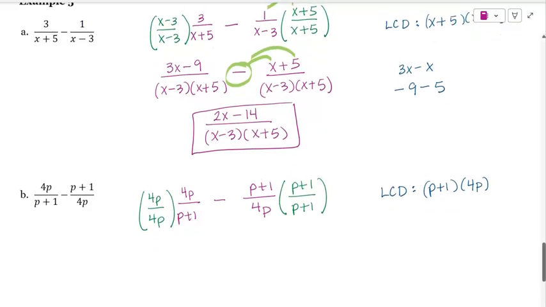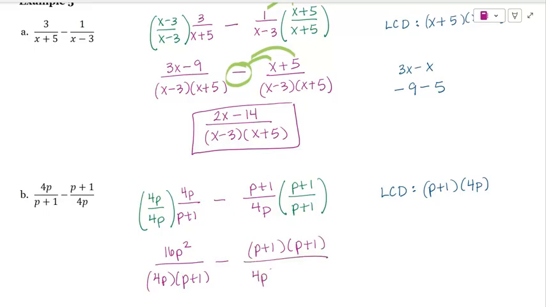Multiplying this together, I'll get 16p squared over 4p times p plus 1. And then I have p plus 1 times p plus 1. Okay, that looks good.